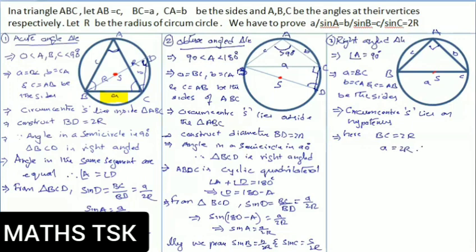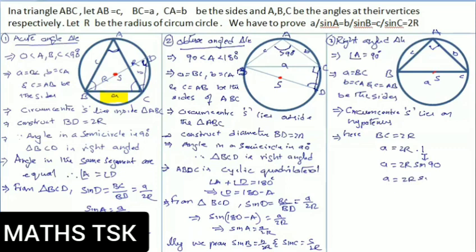Instead of 1, I write sin 90, so a is equal to 2R into sin 90, since sin 90 is 1.